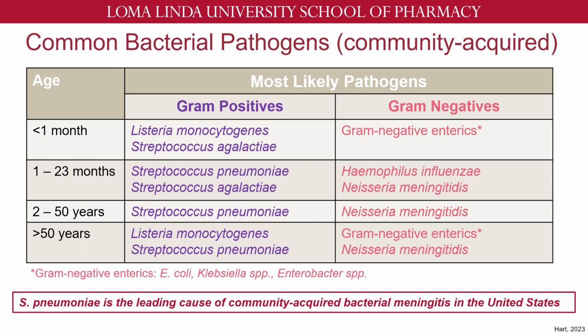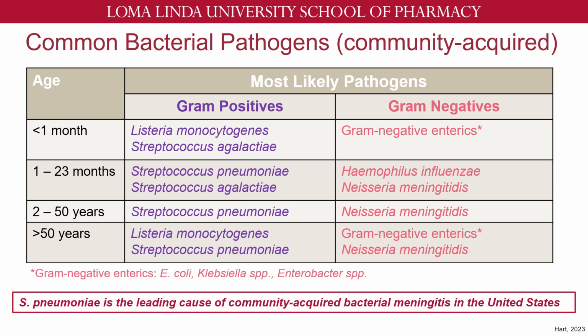If the patient is greater than 50 years, then we think of Listeria monocytogenes. So Listeria comes back, and we still consider strep pneumo. For gram negatives, we can see that the gram negative enterics come back, and Neisseria meningitidis remains.